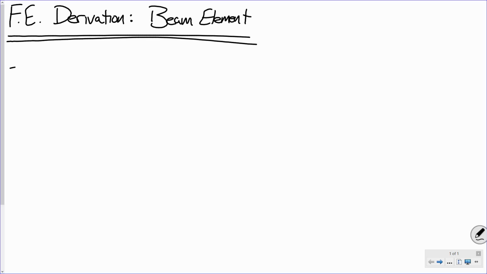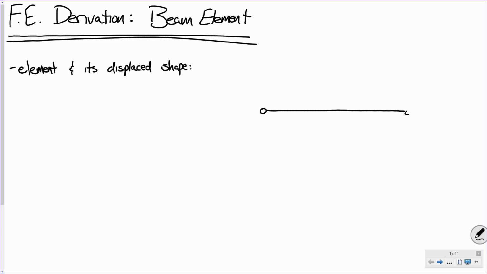Let's look at the element and its displaced shape. Okay, so what we'll do is we'll say, all right, here's the element, and we have some joint or some node here, some joint here, whichever one you want to call it, and some joint on the other end.